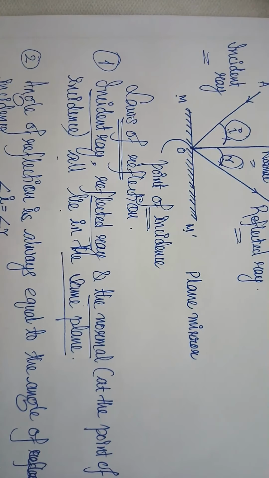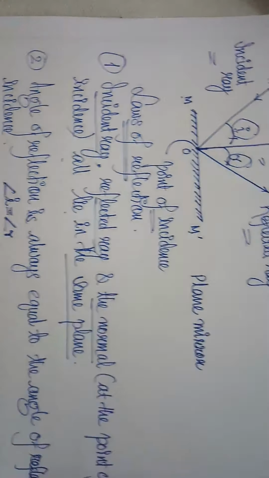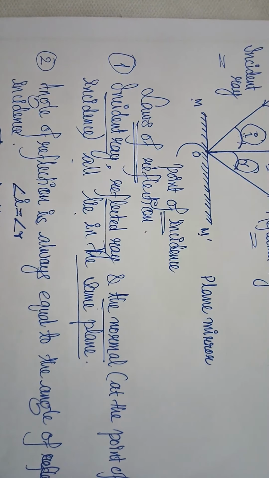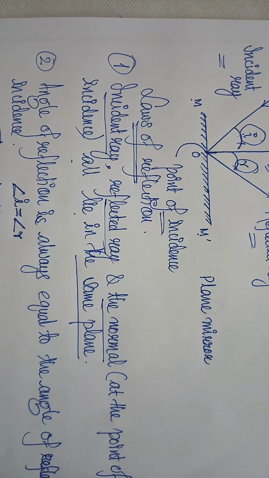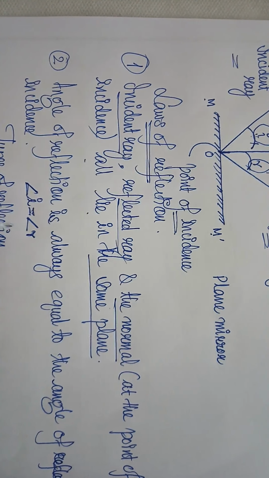We can write angle I is equal to angle R. This is the second law. The second law of reflection is the angle of reflection is always equal to the angle of incidence, or we can write angle I is equal to angle R.